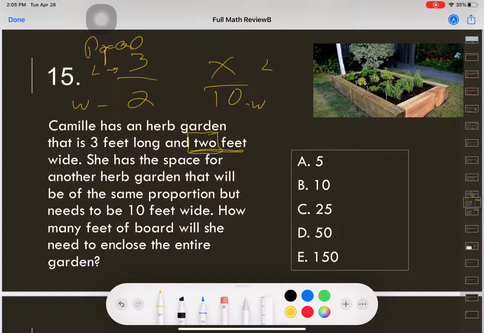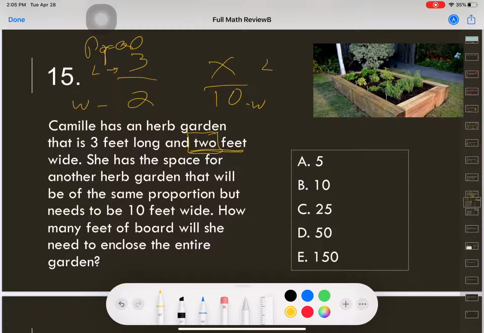Ooh. Now the interesting thing about this one is that the approach is not just that we're trying to find the length. It's that we need to find actually the way to enclose the whole garden.